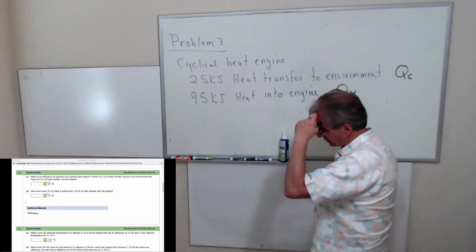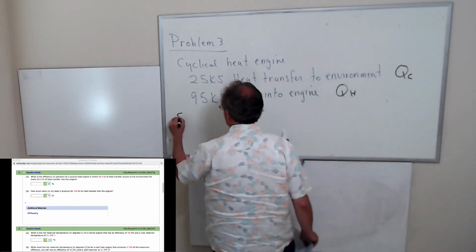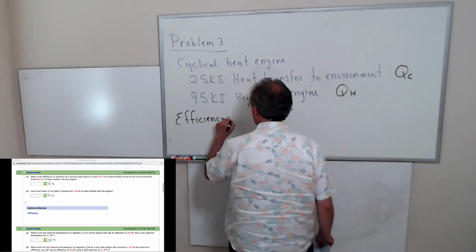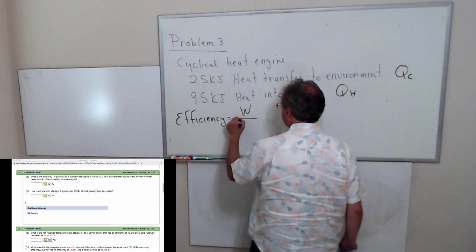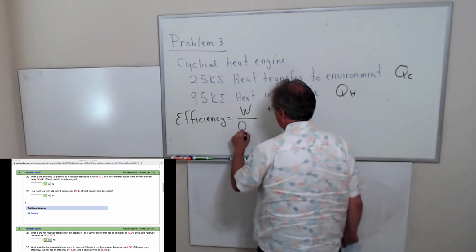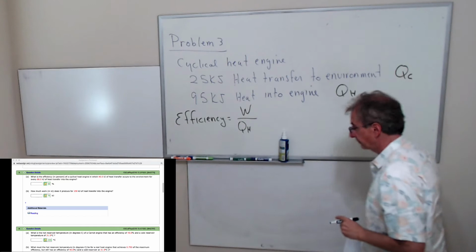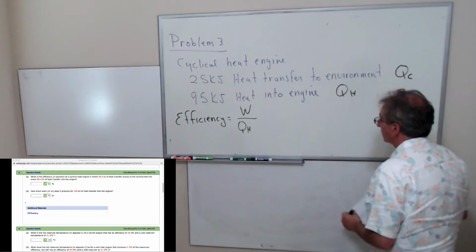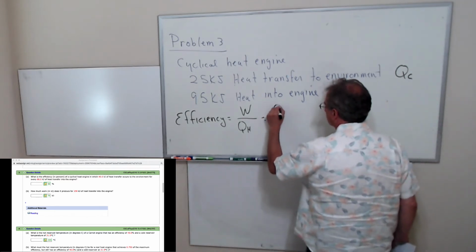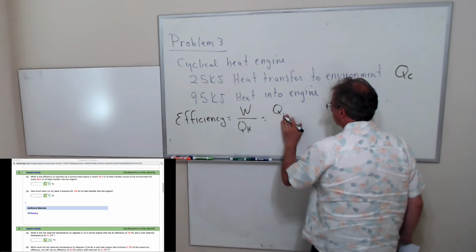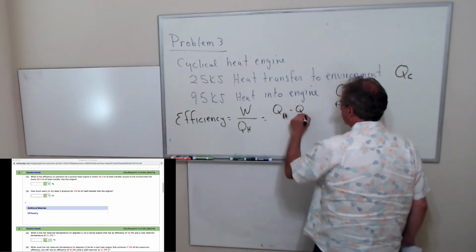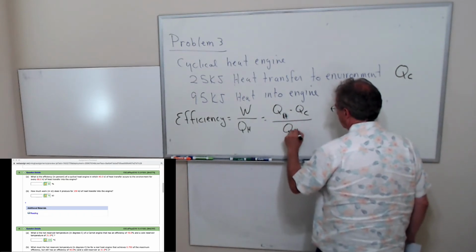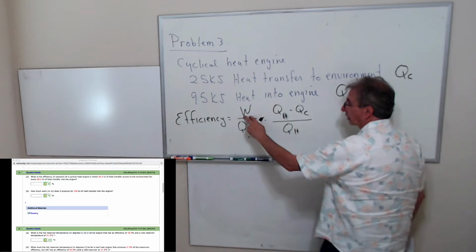And so the efficiency is the work that the engine does divided by Q hot. Which is also, the work done by the engine is Q hot minus whatever is expelled over Q hot. So Q hot minus Q cold is the work done.